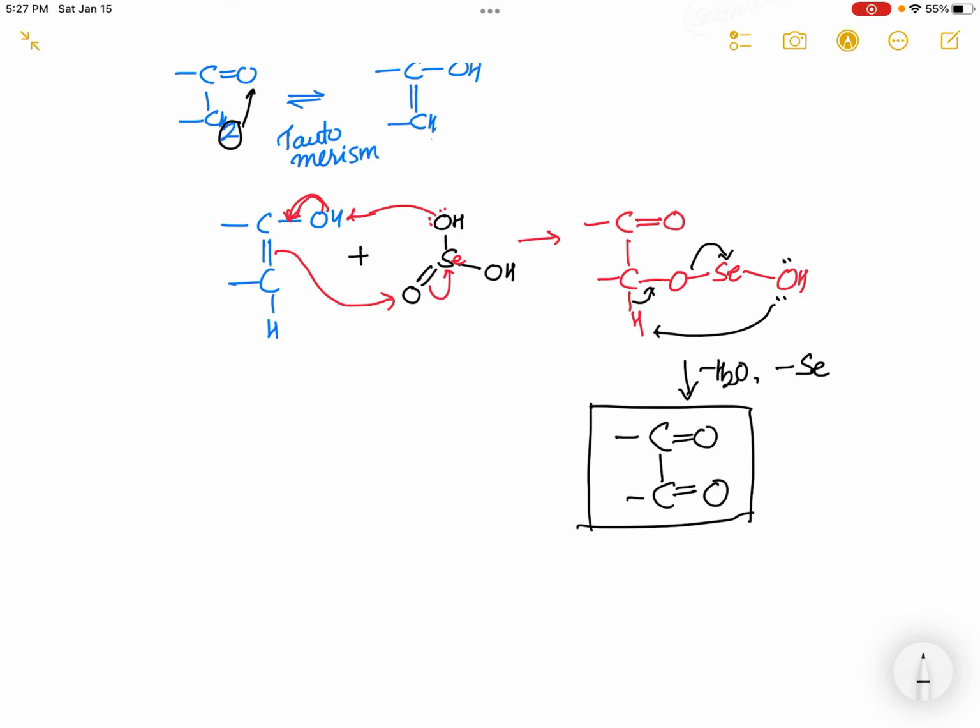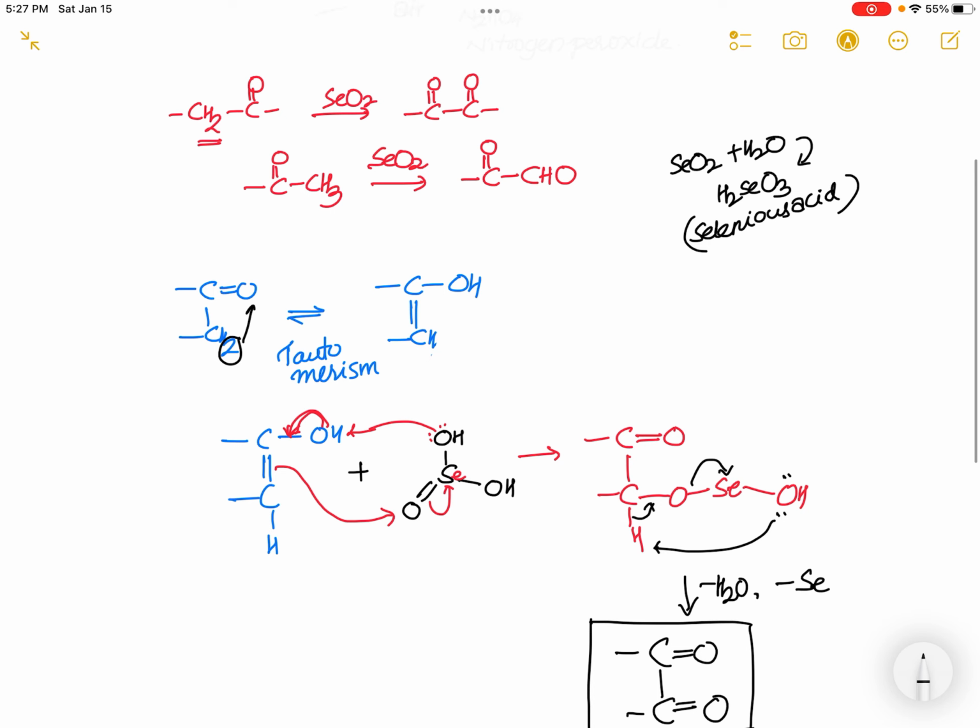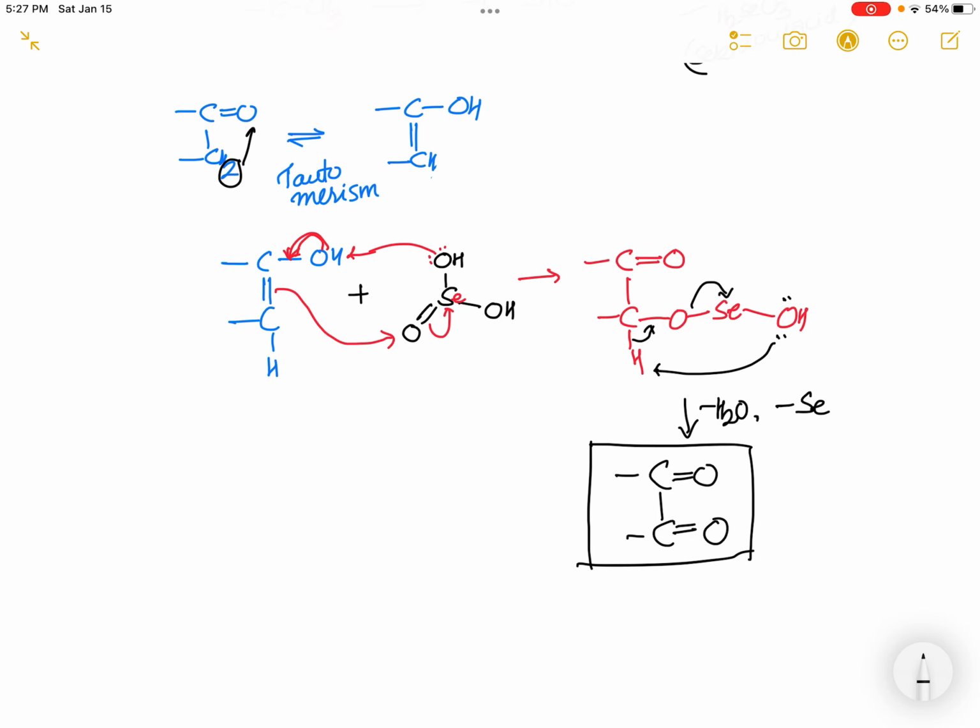It is not 100% correct. Maybe the mechanism is not clearly known, but this is the most expected mechanism. What happens is, first SeO2 reacts with water to form H2SeO3, which we call selenious acid. The selenious acid attacks the enolic form. This is the enol form, this is the keto form, and this is the enol form after tautomerism.